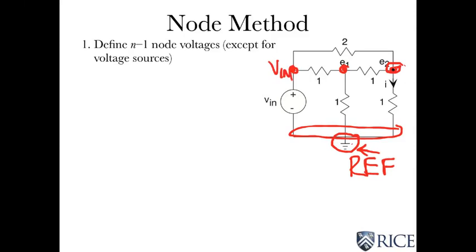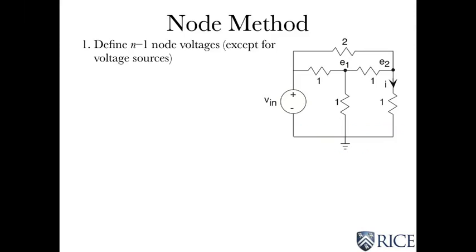It's not necessary. However, something a little bit more interesting, that when we define node voltages, it also means it doesn't matter which path we took to go between this node and the reference. That is the voltage there. So that's saying that this voltage is equal to that voltage plus that voltage.